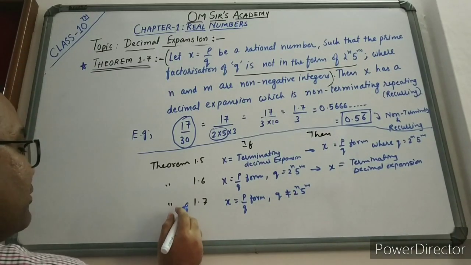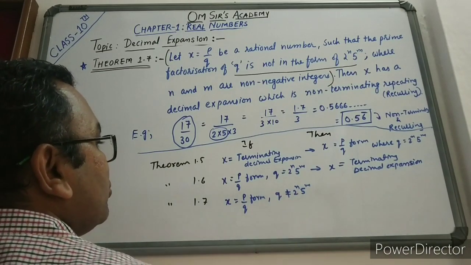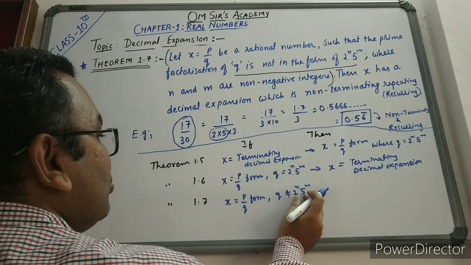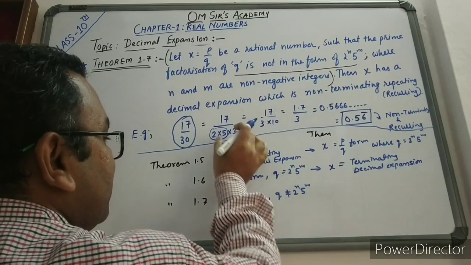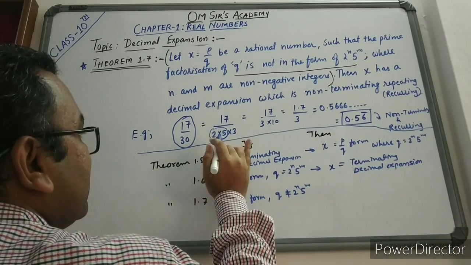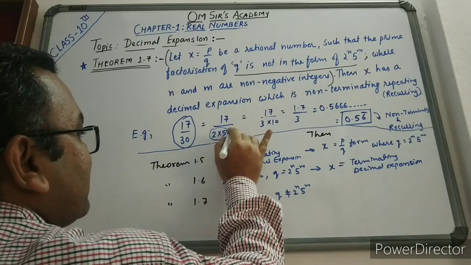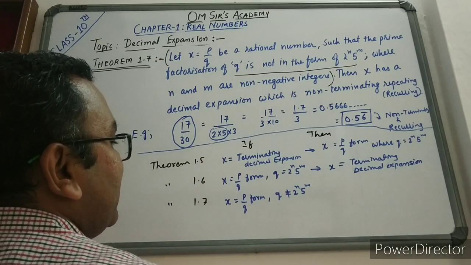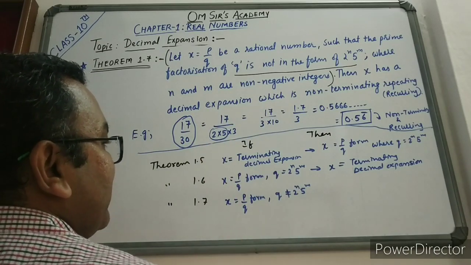Theorem 1.7 says that q is not 2 raised to n and 5 raised to m, where prime factors other than these two are present. See for example here, other than 2 and 5, which prime factor was present? 3. It can be any other also. It can be 7, 11, 13, or 19 also.